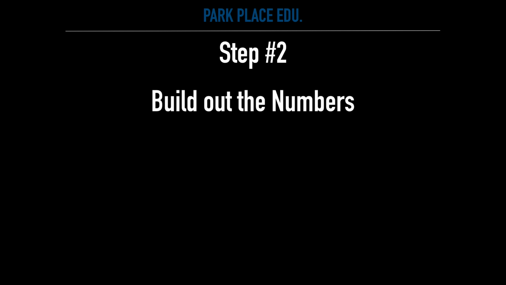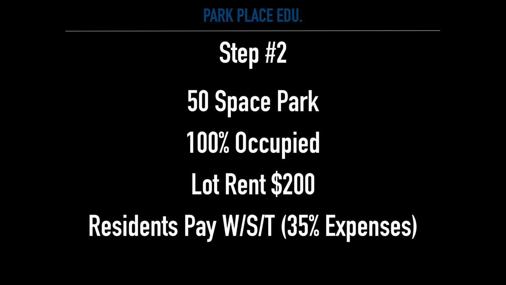Now step number two, we're going to start building out the numbers of the park and reverse engineer how we make offers. Let's say, for example, we have a 50 space mobile home park that is 100% occupied. The lot rent is a cool, clean, simple $200 a month. Residents pay water, sewer, trash. Now, there's two components. Number one is the seller's already installed water meters and has passed through the utilities to the residents.